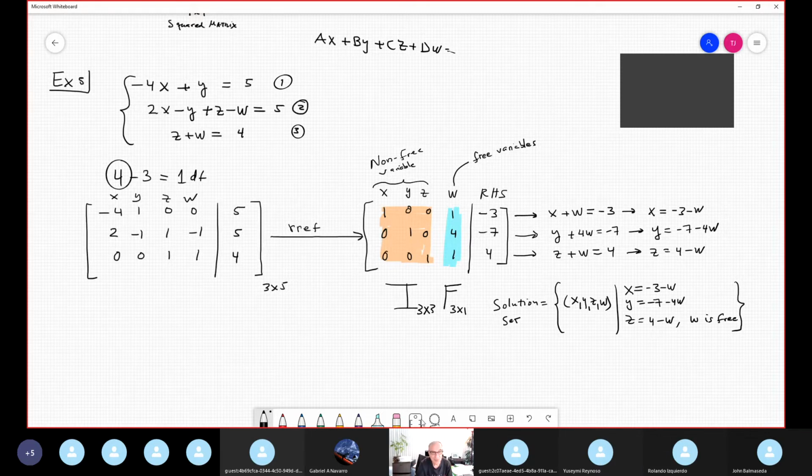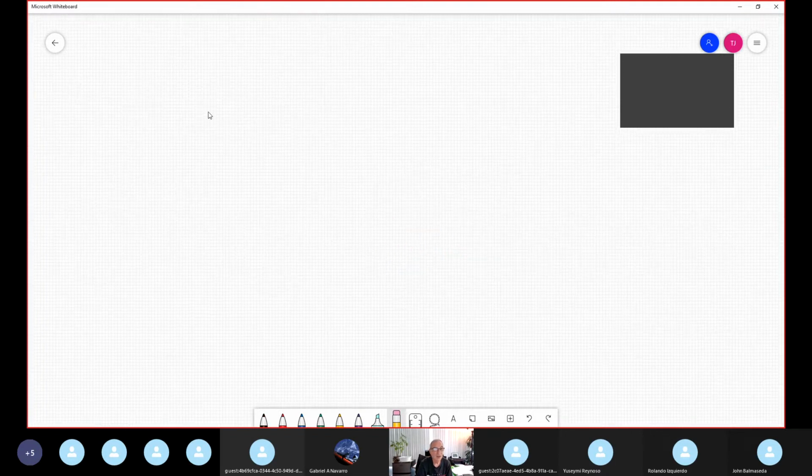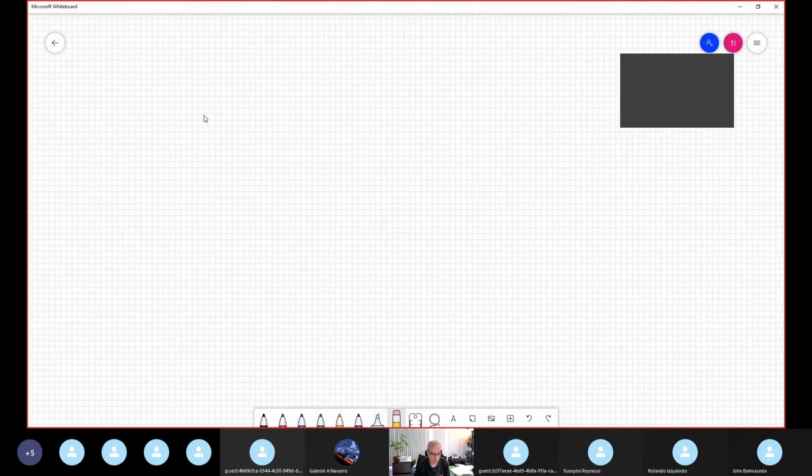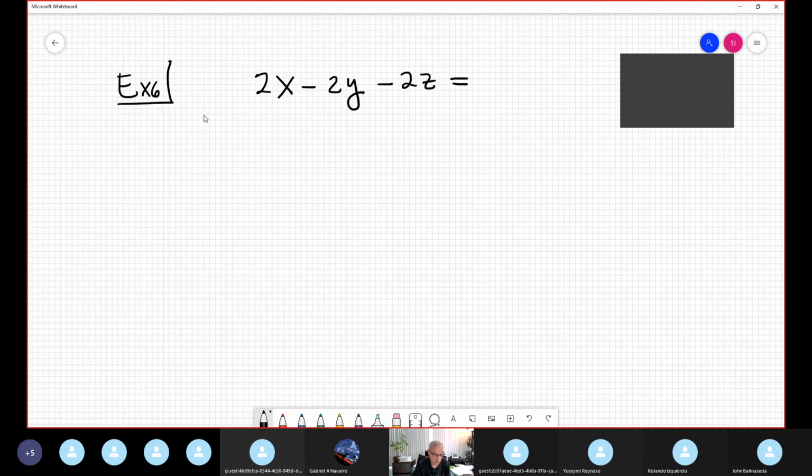Okay, let's move on to the next example. I want to erase that. Okay. Example 6 is the last one we're doing today. Example 6 is 2x minus 2y minus 2z equal 2.